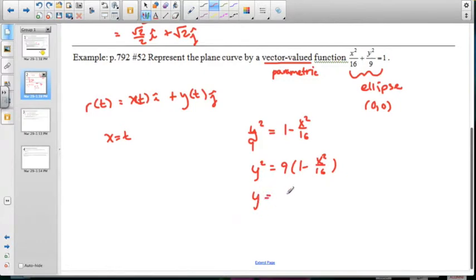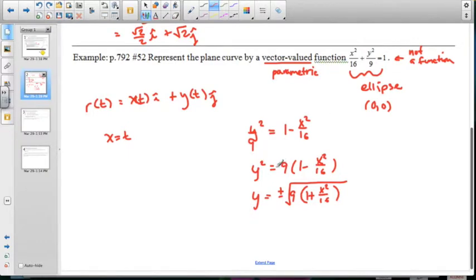So when we take the square root here, we end up with a plus or a minus, and that's important because we have a situation here where we have a conic section, and so this in itself is not a function. It wouldn't pass the vertical line test, but we can represent it as a vector valued function.